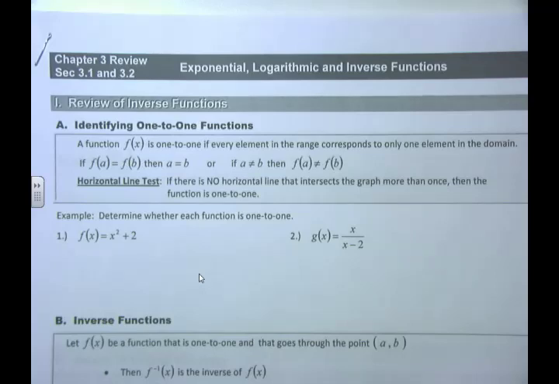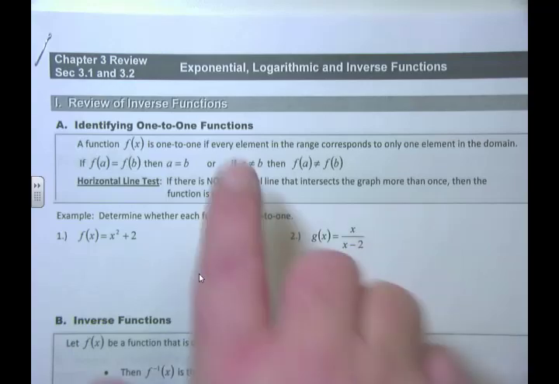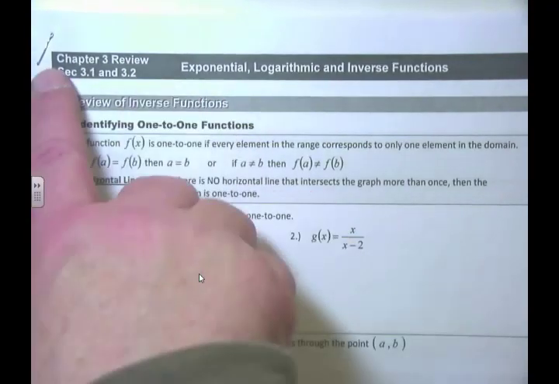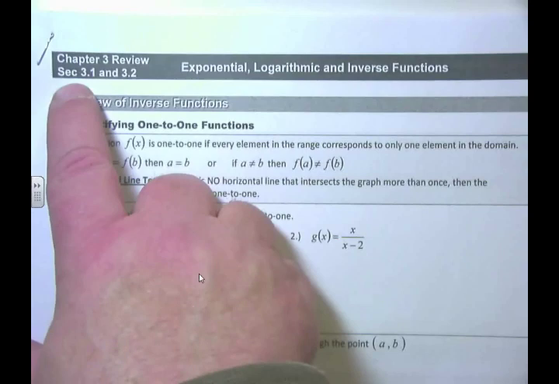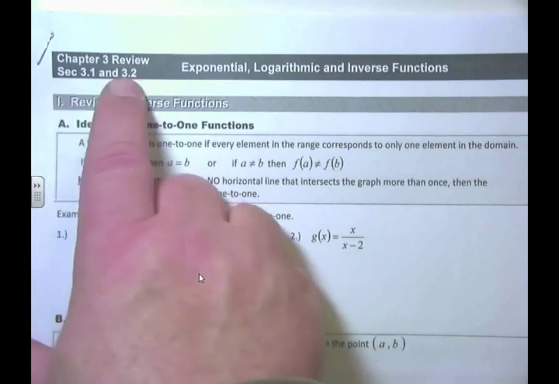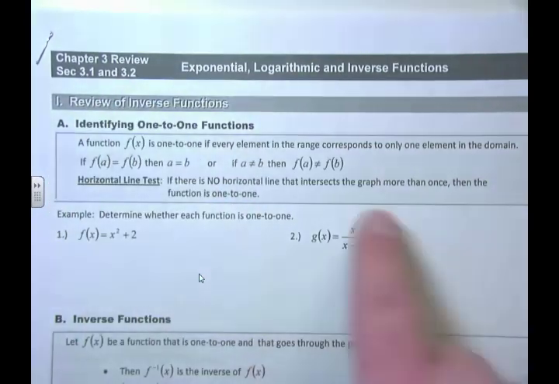So the way I've set up these notes is this. You are supposed to have covered logarithms and exponentials and inverse functions in your high school algebra 2, algebra 1 courses, but it may have been a while since you've done that. So what I have done is I have what I call chapter 3 review. It's just reviewing sections 3.1 and 3.2, focusing on the algebra aspects.